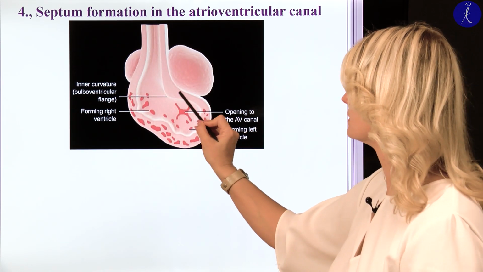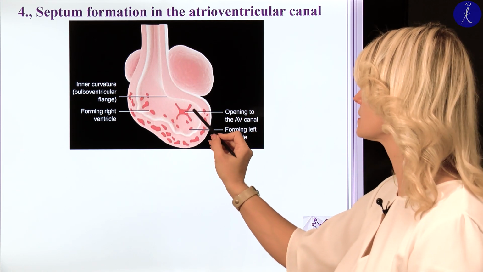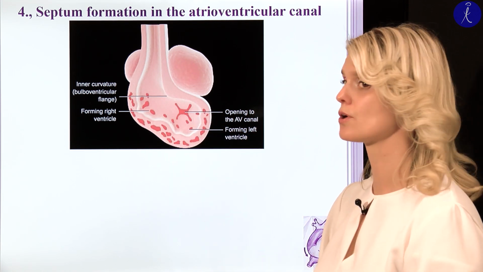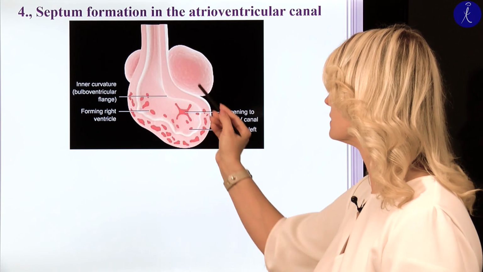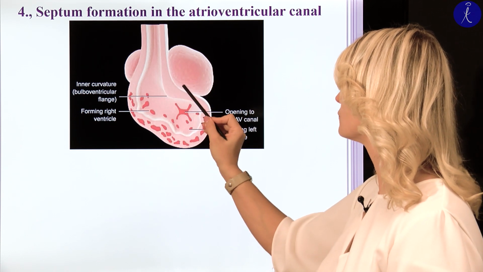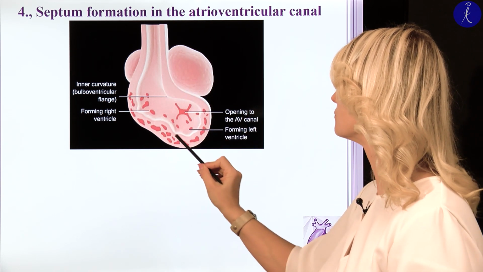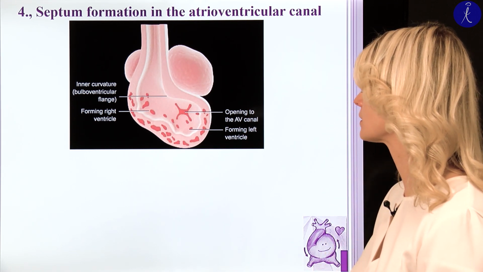If you see this picture, it is visible that first this atrioventricular orifice is located on the left side of the whole tube between the common atrium and the common ventricle, from which will develop the left ventricle.